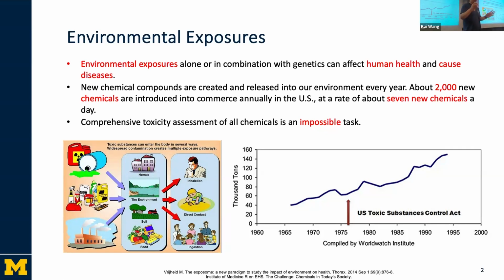Doing a comprehensive toxicology assessment of the new chemicals is impossible. Even in PubChem, they already have over 1 million chemicals registered in that database, but only around 10% of them have biological data.